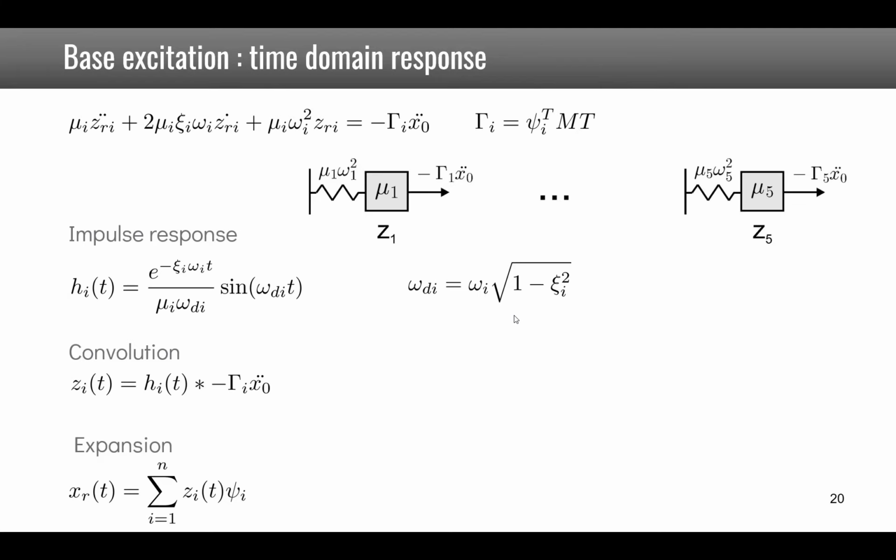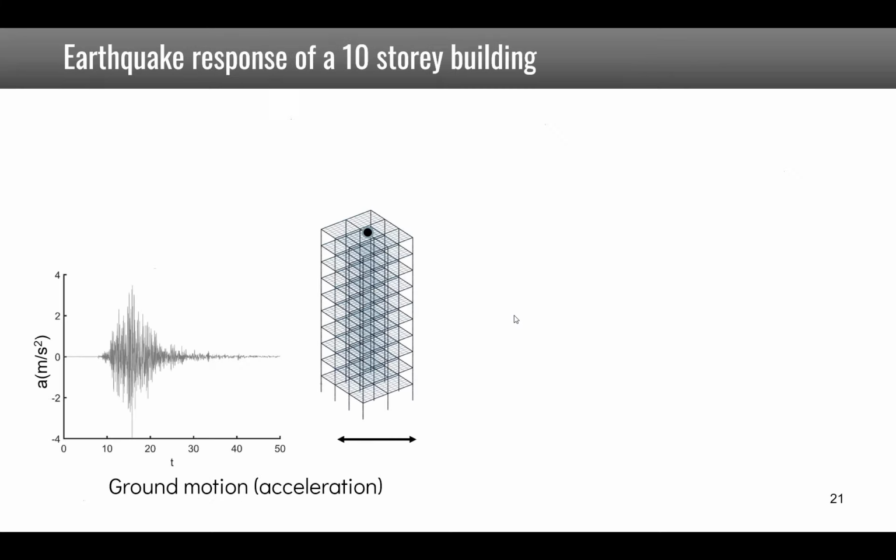Then once we have the response for each mode, we can recombine using all mode shapes and obtain the physical displacement at each degree of freedom in the finite element model.